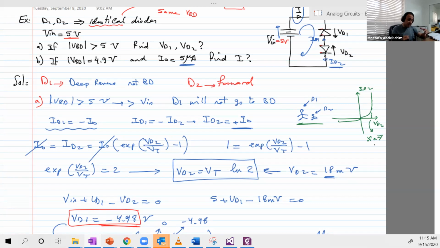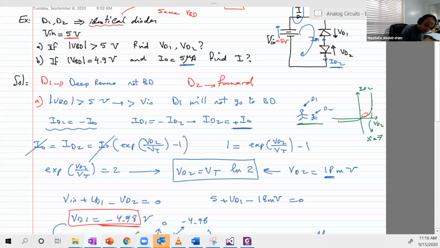If the voltage is 0.7 or something higher, the current should be much higher. But since this diode is connected with another reverse bias diode, it is restricted by that reverse bias diode, and the current is small, equal to only I naught, which in part B was just 5 microamps. So we are expecting that we should work somewhere in that region here, before the voltage becomes 0.7.